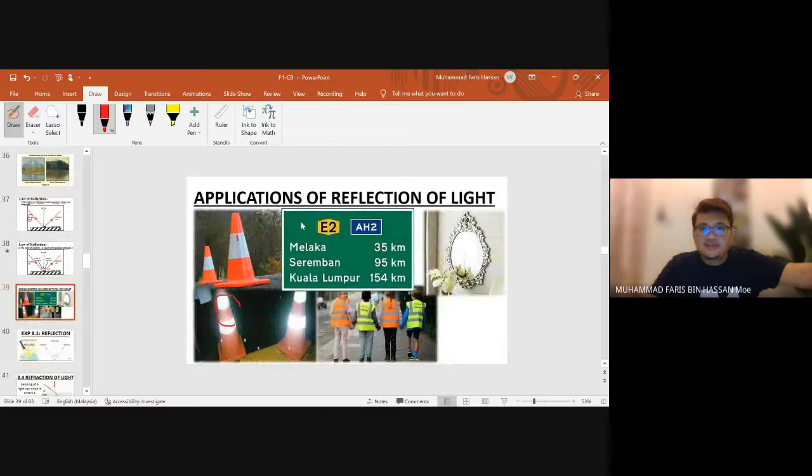And these are the applications of reflection of light, like these reflective cones, and the mileage signboards, especially on highways or any roads in Malaysia and all over the world.